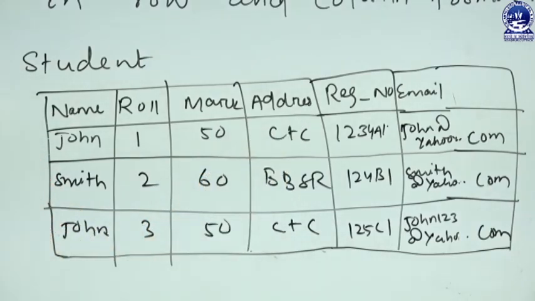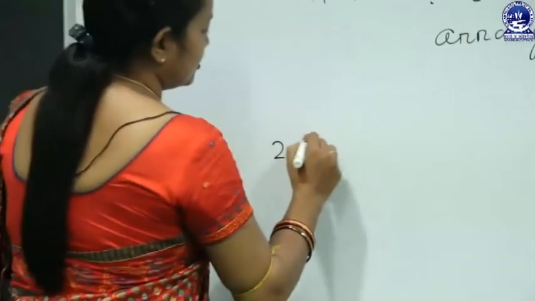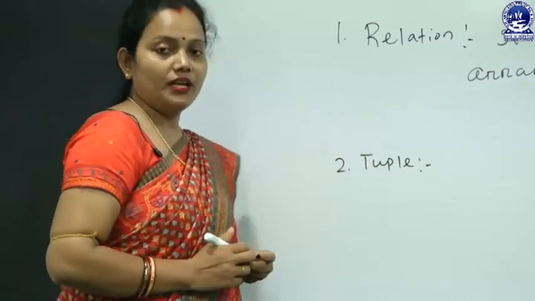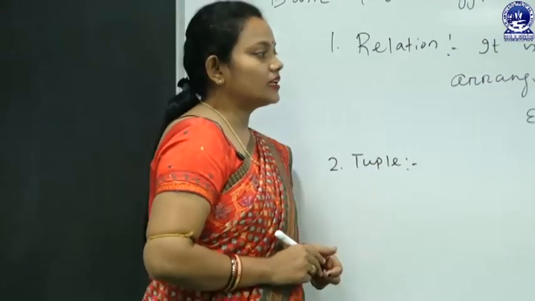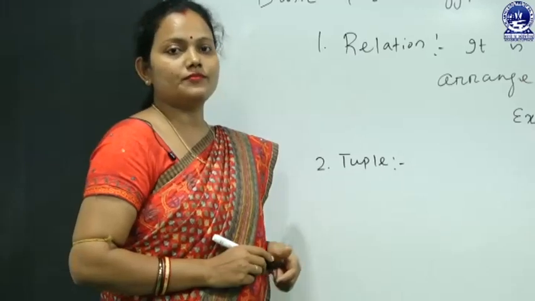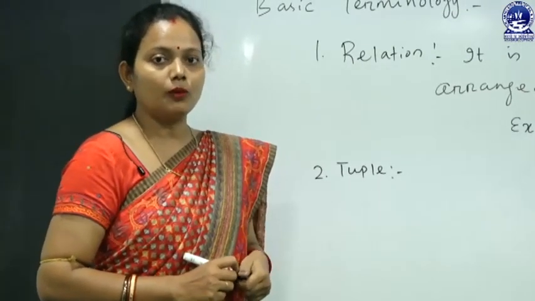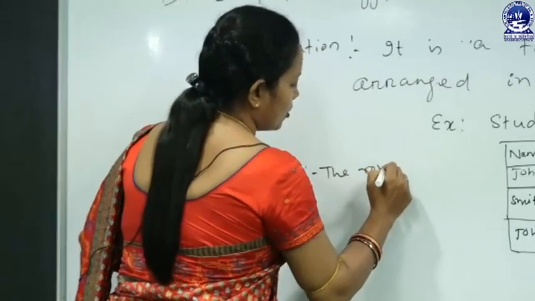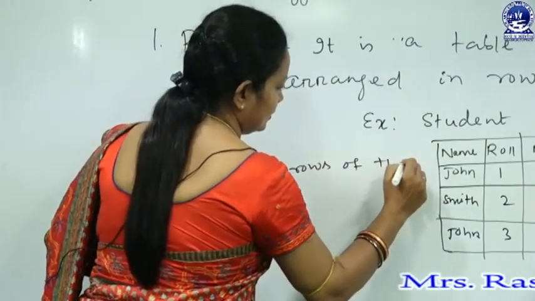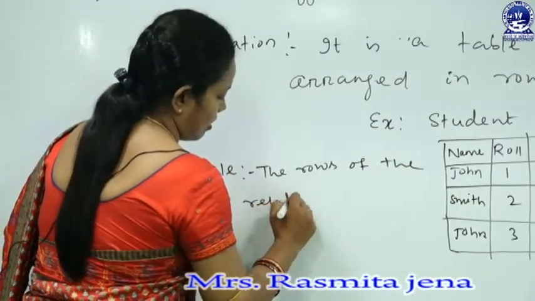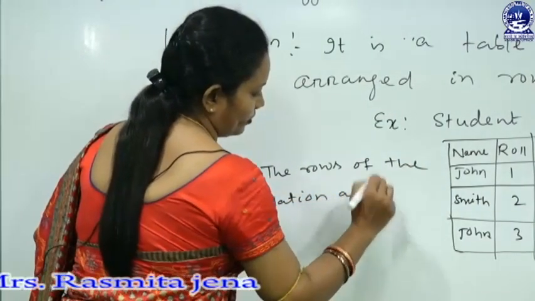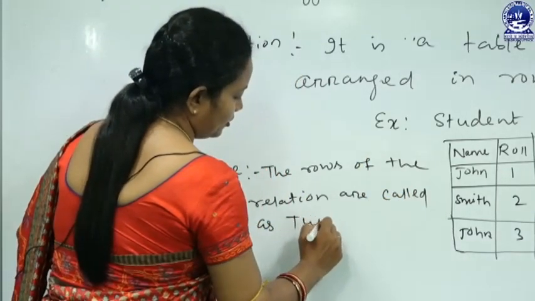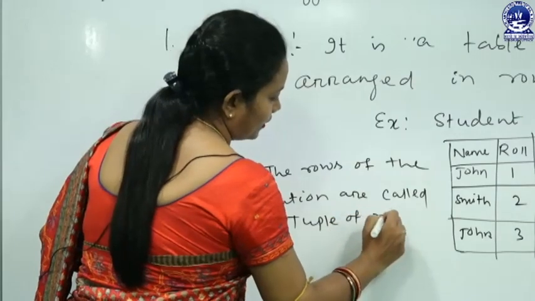Then next we will see the second terminology, that is tuple. So, tuple is what? All the rows of a relation are known as the tuples of a relation. The rows of the relation are called tuples of a relation or table.